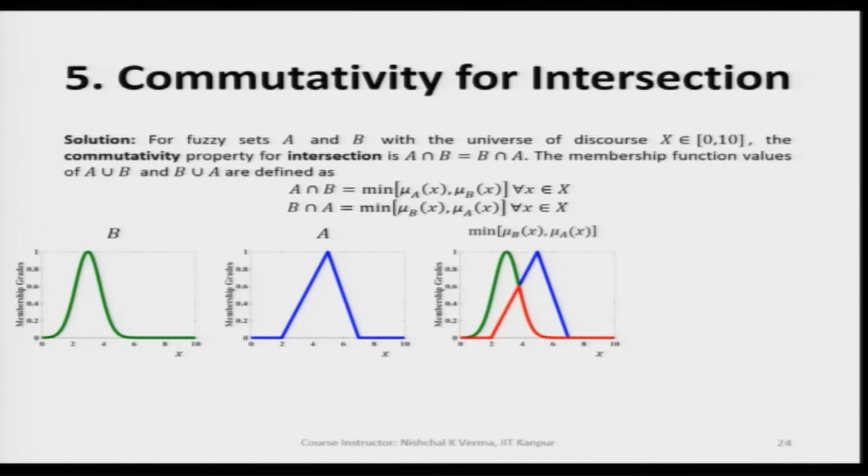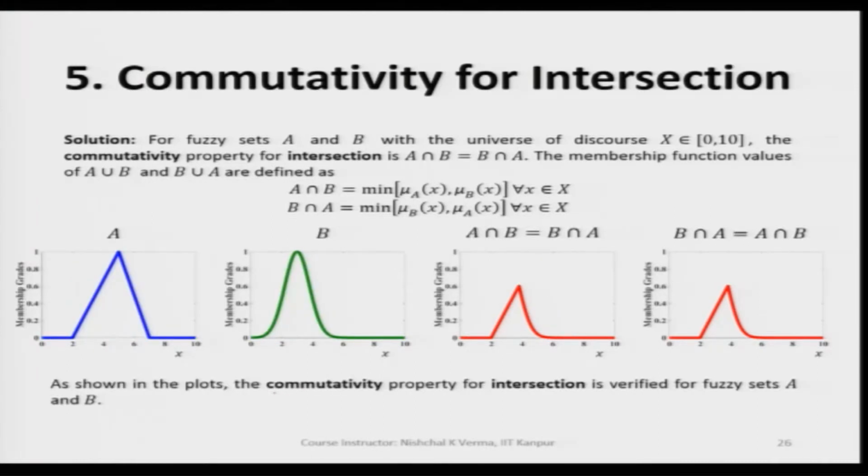When we find this, we again get the same portion of the fuzzy sets. So, B intersection A is the same as A intersection B. This way we can say that the commutativity property for intersection is verified for fuzzy sets A and B.